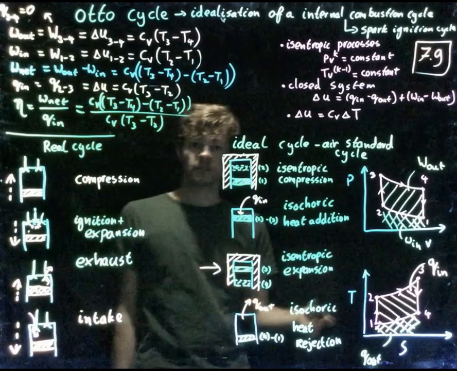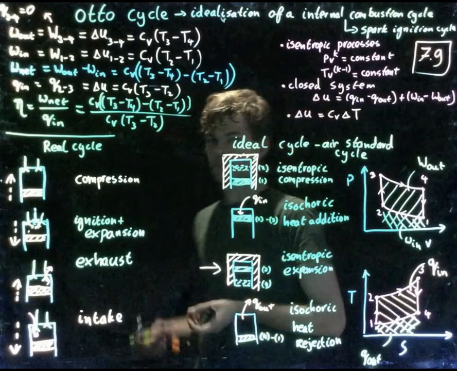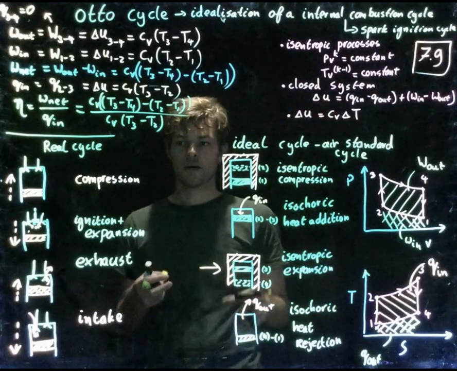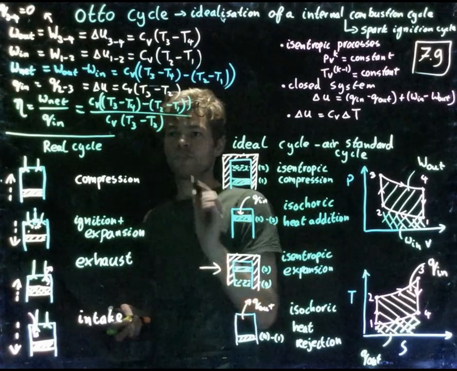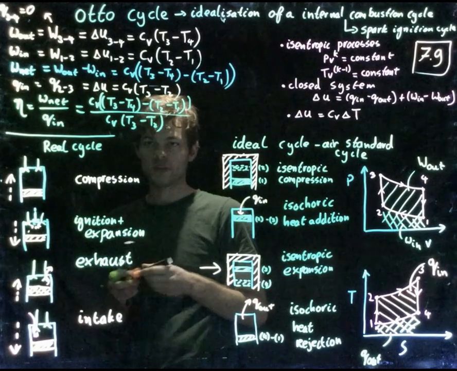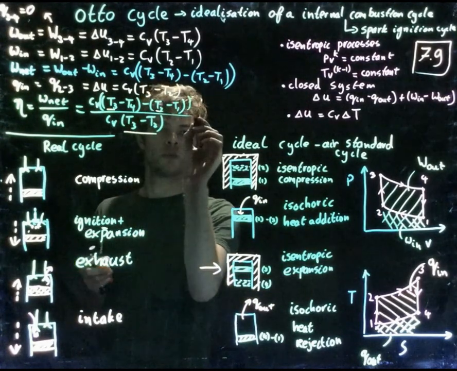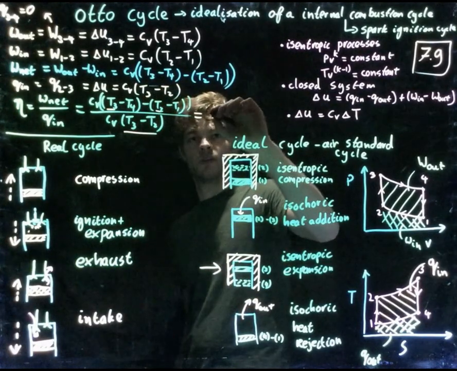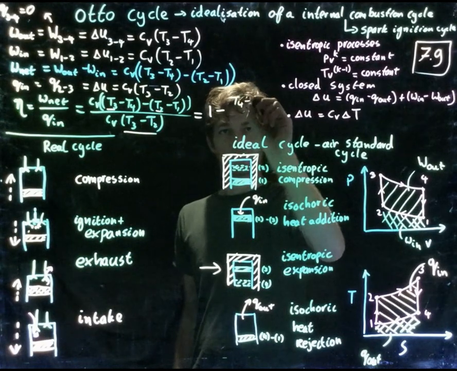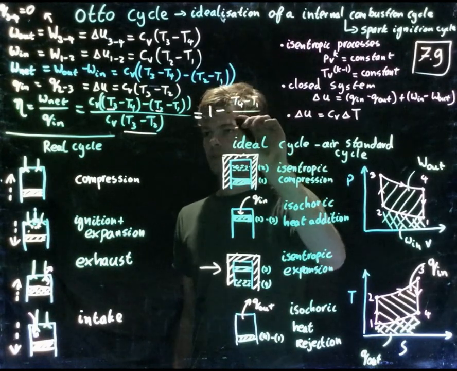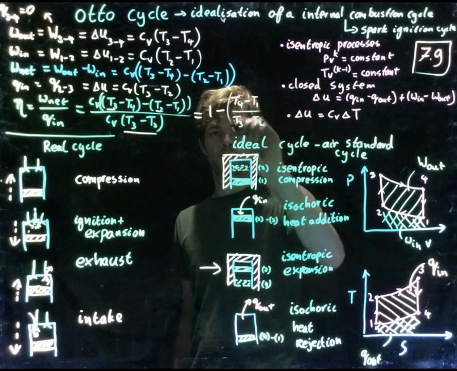And this can be written a lot easier. And actually from this, one of the most important parameters in designing spark ignition cycles can be derived. First you need to note that T3 and T4 are here as well. And that will lead you to 1 minus (T4 minus T1) over (T3 minus T2). Okay?